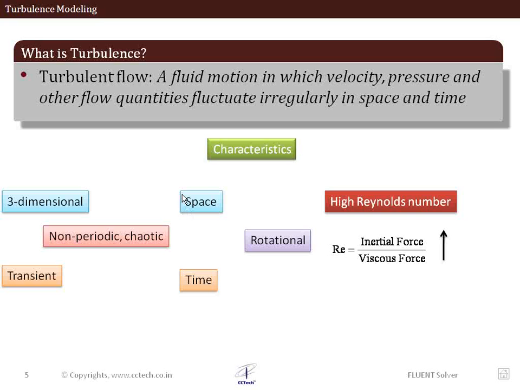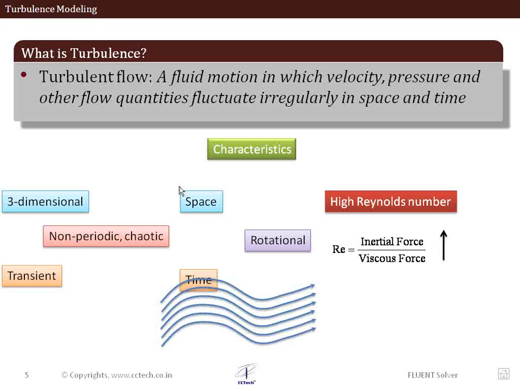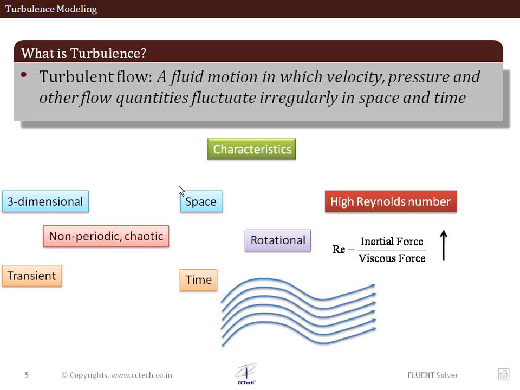When the inertial forces exceed the viscous force by a huge quantity, that's when the different lamella start mixing together. Let's say this is a laminar flow, where the different layers or lamella are maintained. That's when the Reynolds number is below a specific value, when the inertial forces compared to the viscous forces are not so high, so that the layers are maintained.